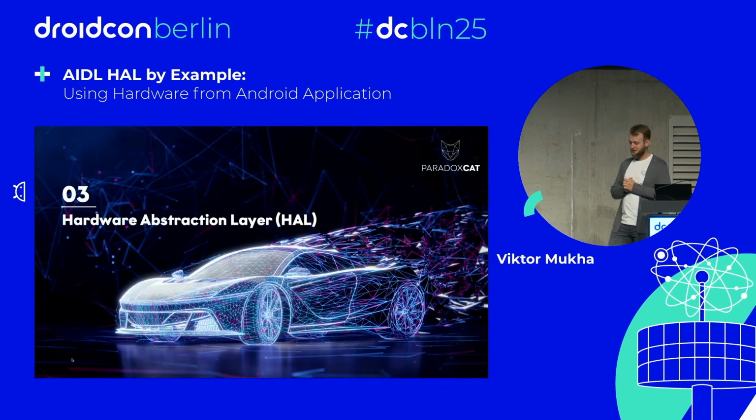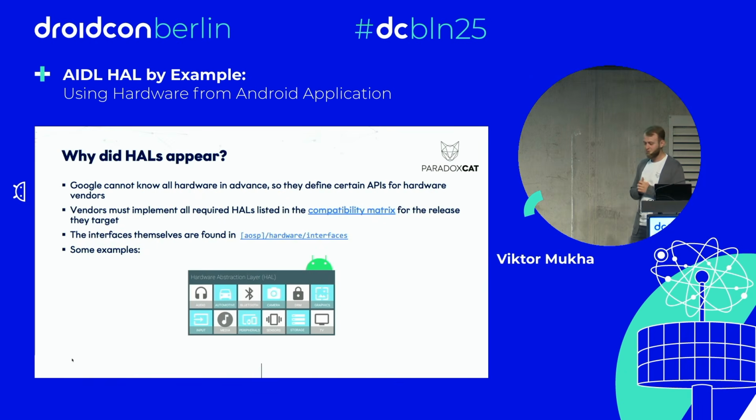For that, let's actually start with trying to understand why HALs even appeared. Logically, Google cannot know all the hardware in the world in advance, so they basically define certain APIs towards the hardware, and then the hardware vendors must implement all the required APIs listed in a so-called compatibility matrix for a particular Android release version.